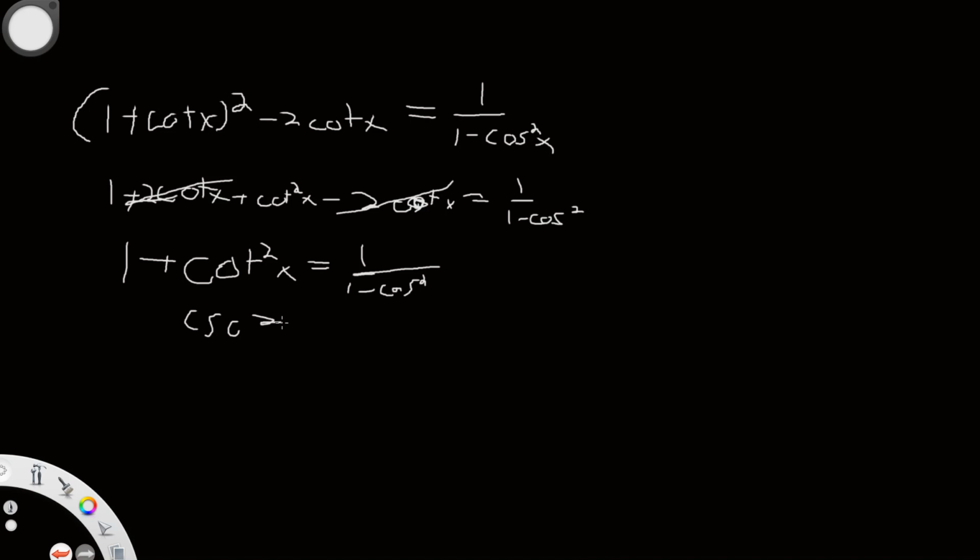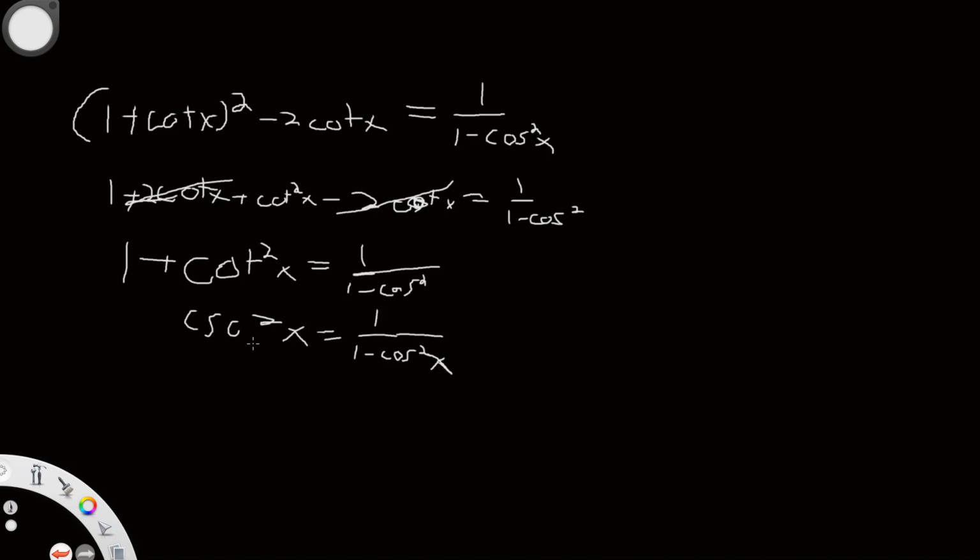And then we're left with something that's fairly common but always good to keep in mind. You want to know that cosecant squared x is equal to 1 over sine squared x, and as we know, that's our answer.